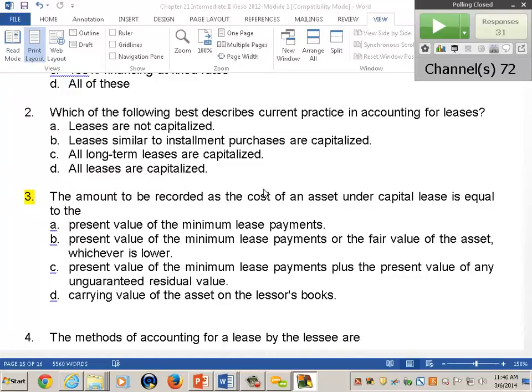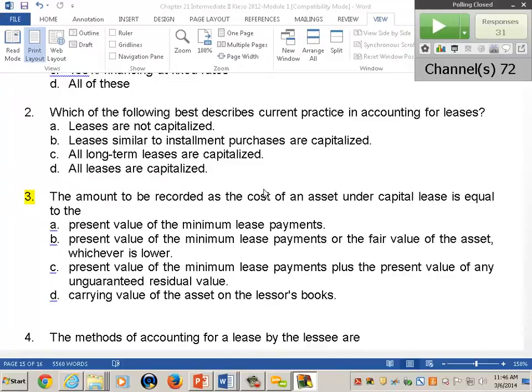Anyone have any idea? Would you have to change it or is it still valid? So if you computed the present value of the minimum lease payments here under, I don't know, 10%, now that you put this on your books as the liability, is the 10% still valid? No. So let me stretch this a little bit.